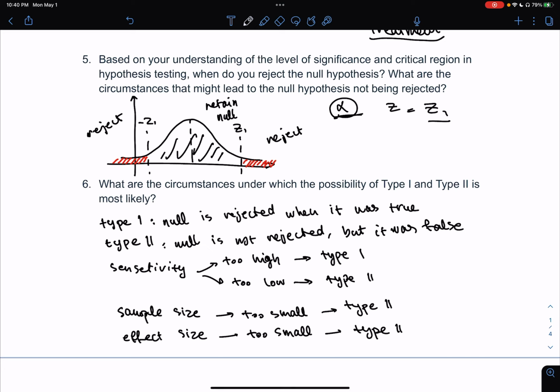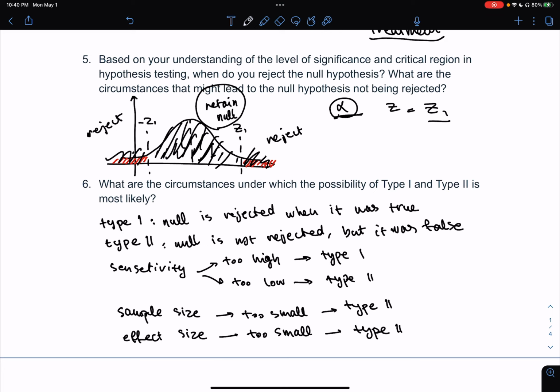So if the sample that we have is anywhere in this area or this area, we reject the null hypothesis. But if it is within these two bounds, or within this bigger portion of the distribution, we will retain the null.